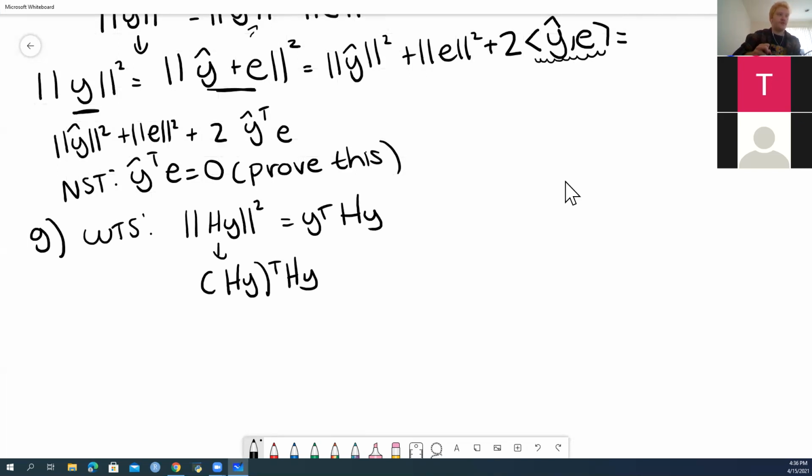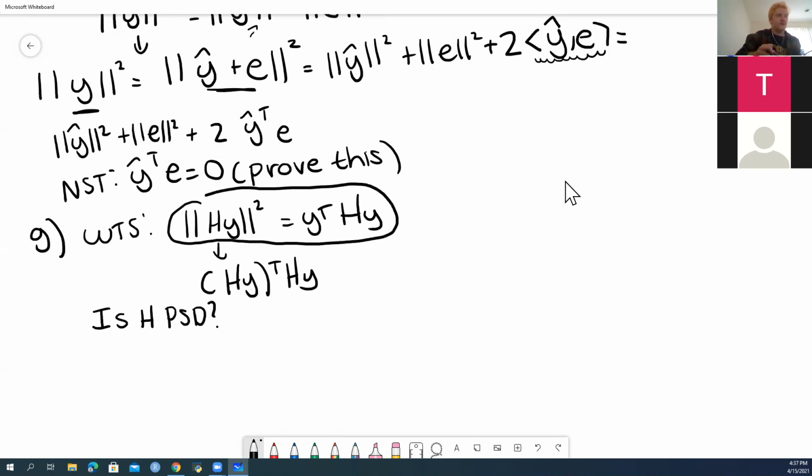And then you want to just use properties of H again. It's not very complicated. And the next question it asks is, is H positive semi-definite? Well, you can actually prove that with this fact. To show that something is positive semi-definite, we need to show that y transpose h y is greater than or equal to 0 for all y.